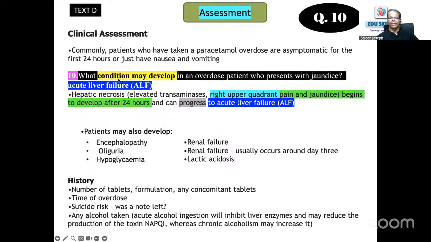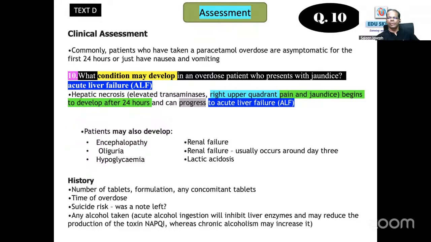The question, listen to the question. Don't see the highlights, okay? What condition may develop in an overdose patient who presents with jaundice? Hepatic necrosis, but again, cause and effect language.